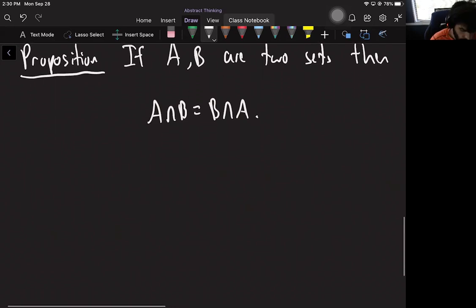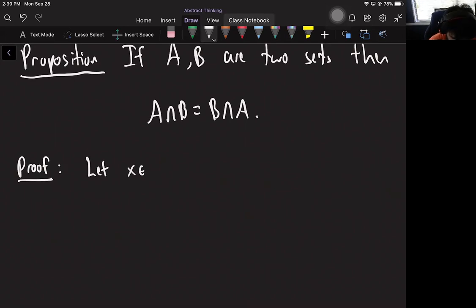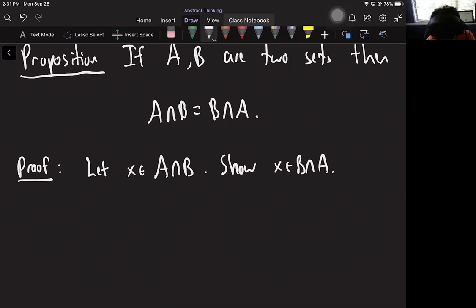All right, so how will we do that? Same as the previous proof, you let X, it doesn't have to be X, whatever letter you want, be in one of the sets, and then you show that it's in the other as a result of that, and then do the reverse. So it's really sort of like two proofs.